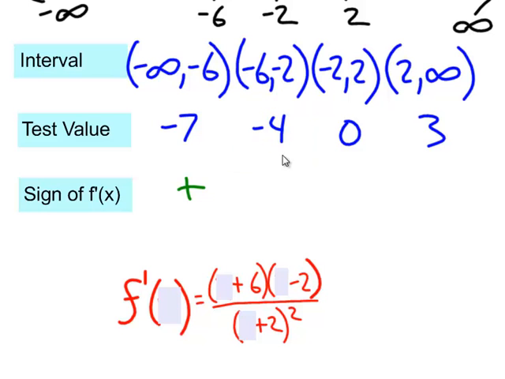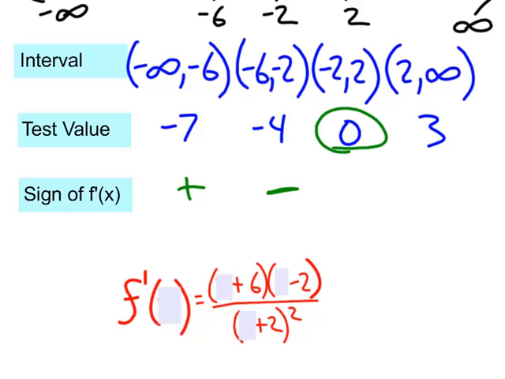Plug in a -4 there. And again, I caution you, avoid the temptation of just assuming that they alternate all the time. So -4 plus 6, that'll be a positive number, followed by a negative number all over a positive number squared. Notice the bottom's always going to be positive. So that will be negative. It will alternate here.